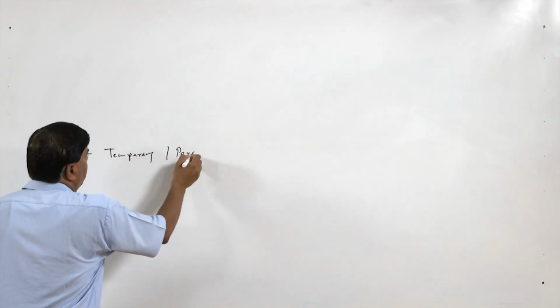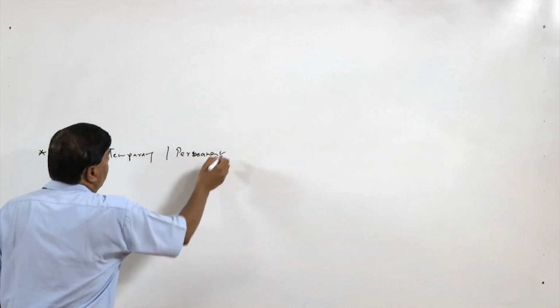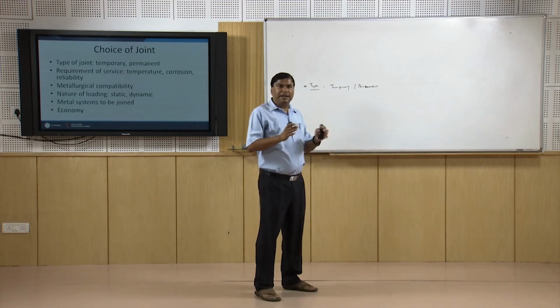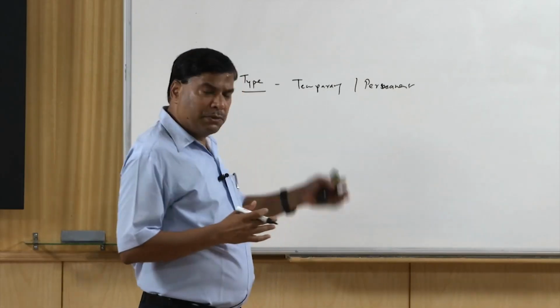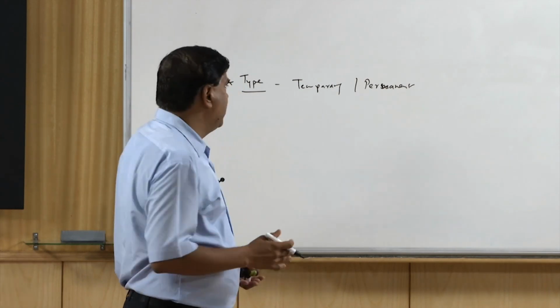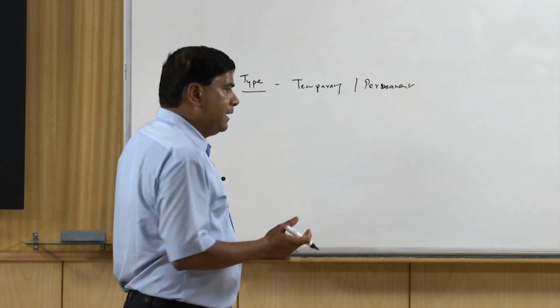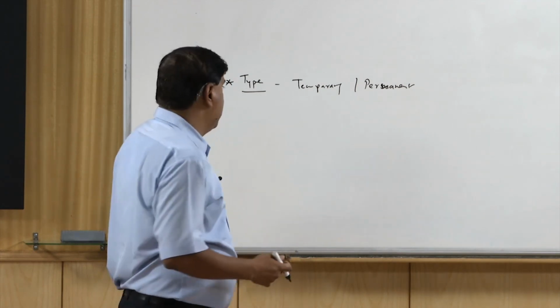If frequent assembling and disassembling of the members to be joined is needed, then it is better to go for mechanical joining. And if the joint is permanent, then of course we will be looking for an adhesive joint or welded joints.